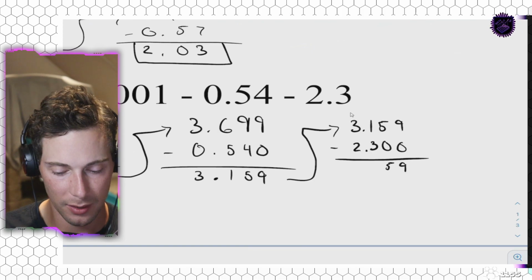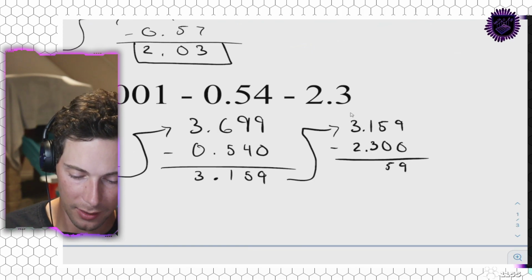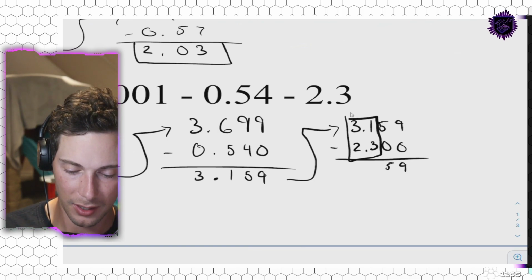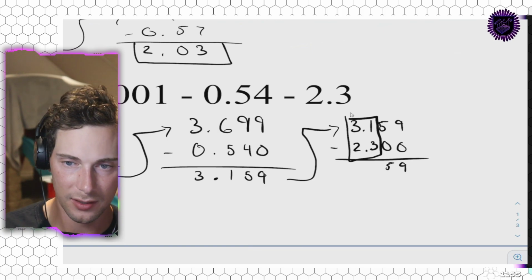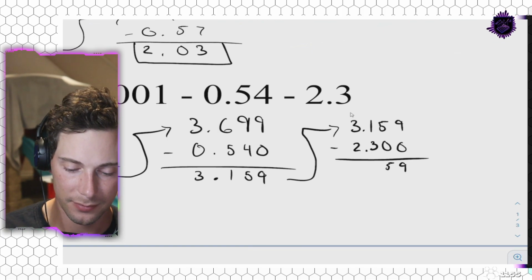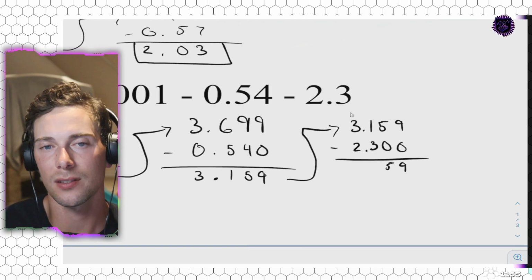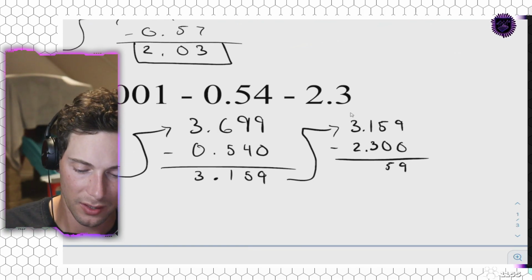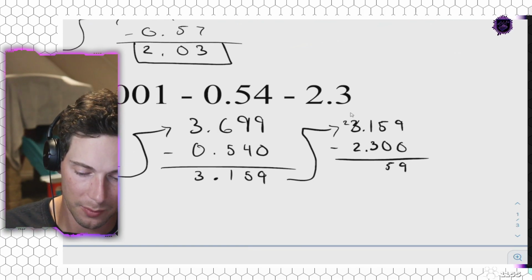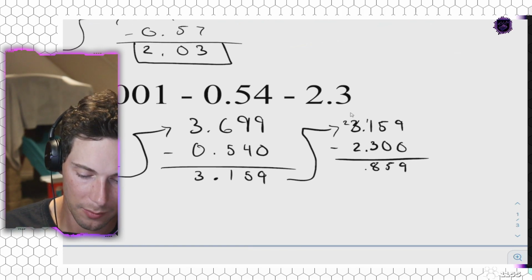You could look at this whole thing here as 31 take away 23, but if you just borrow once, it's not a huge deal. So let's put 2, let's put 11. That's going to be 8, and that's going to be 0.